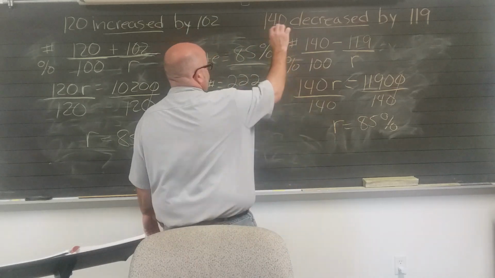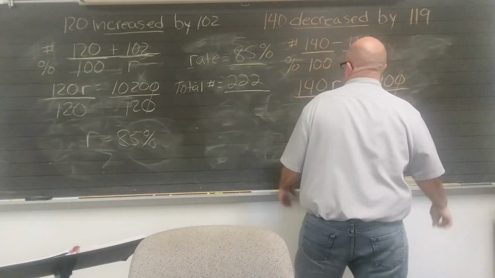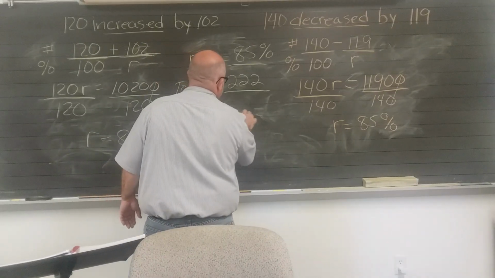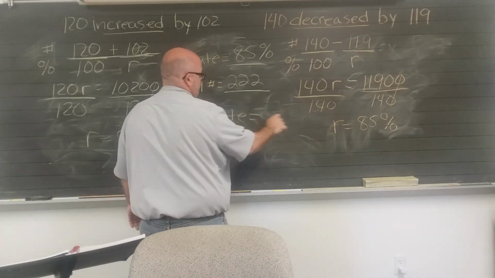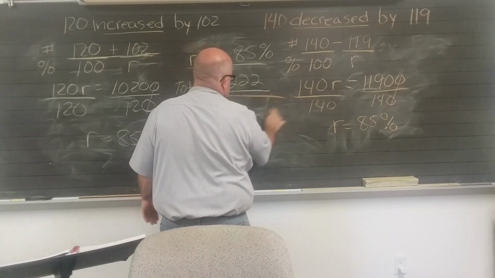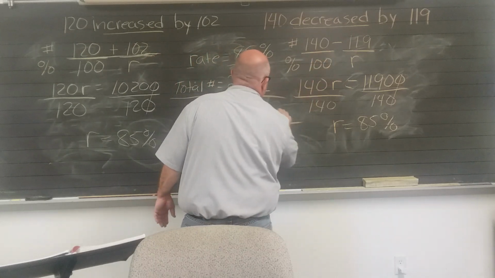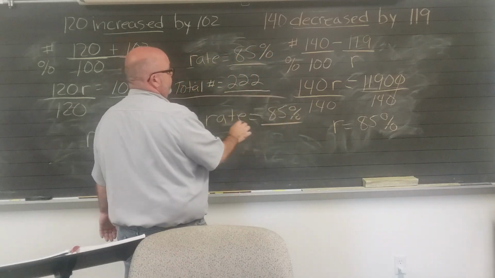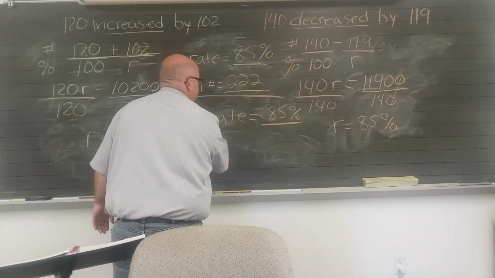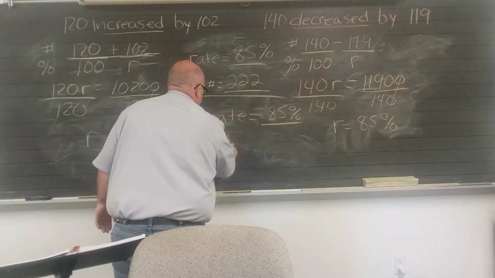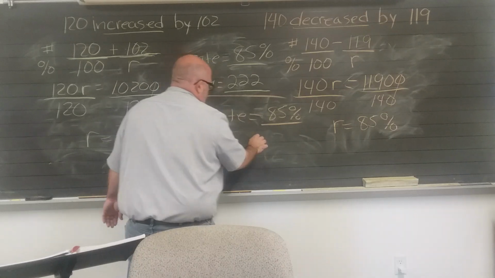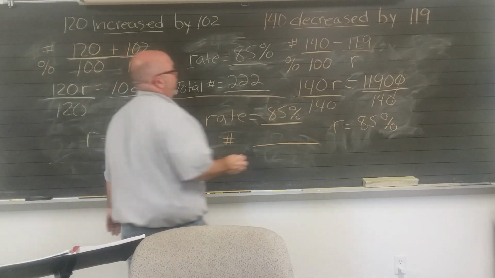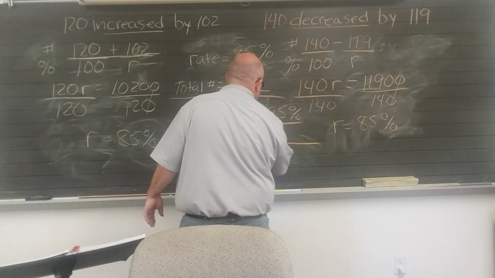Okay, so for this decreased answer, you again have two answers. Rate equals, and this is for this one over here, 85%. You need that as an answer somewhere. And the number is simply 140 minus 119. 140 minus 119, I think, is 21.